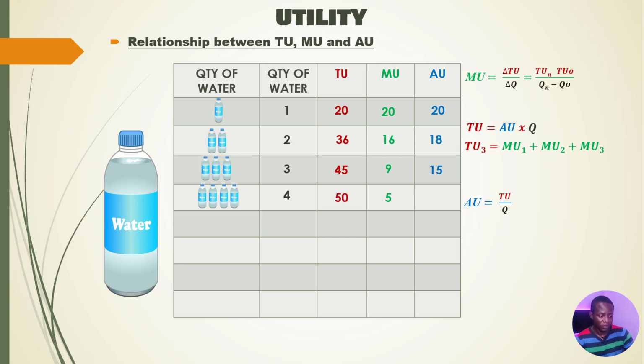How? Because it's going to be the 45 from the previous 3 bottles plus the 5 utils from the 4th bottle of water. So when you add it, you are going to get 50. And the average utility becomes 12.5. So let's autofill our table.